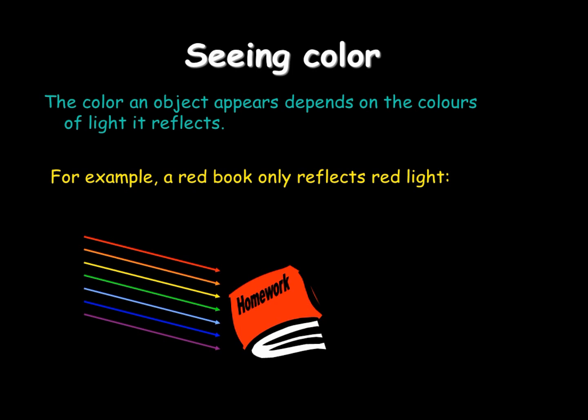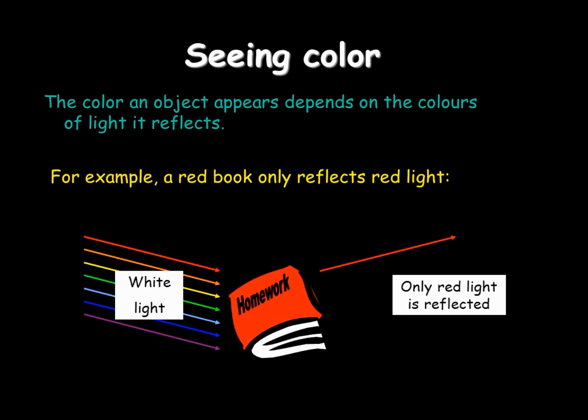But the paint, the pigment that the book's cover is made of, is shaped such that the molecules that make up the paint of the book will trap all the wavelengths of light except for red. Red will reflect out like a little mirror and to our eye, and therefore we perceive red.